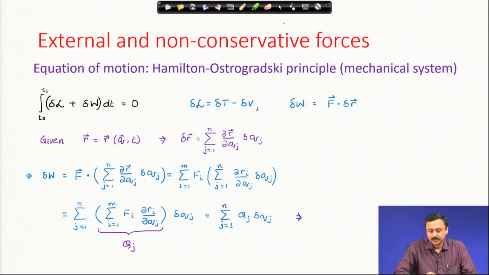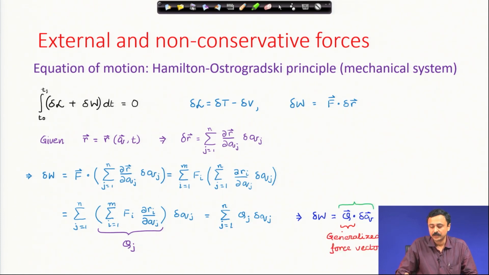Therefore, I have this decomposition of delta W in terms of generalized forces times the variation of the generalized coordinates. In other words, I can write this as a dot product of the generalized force vector dot the variation of the generalized coordinates.